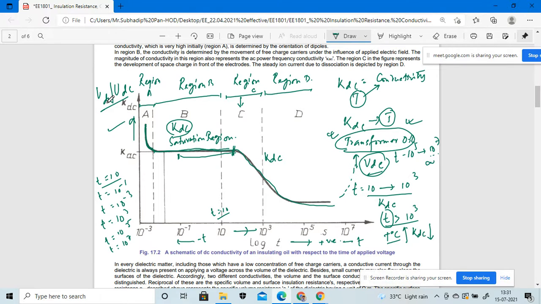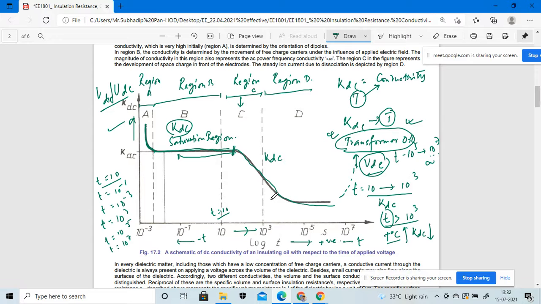Depending upon that, the conductivity of the transformer oil changes, right? So this is the schematic representation of the DC conductivity of an insulating oil, a very good liquid dielectric, with respect to time for particular applied voltages, right?